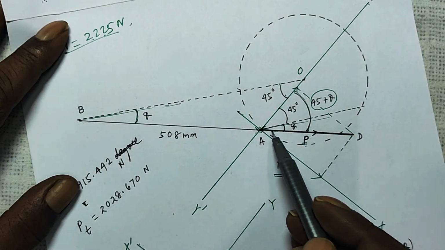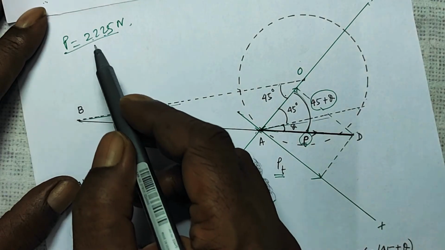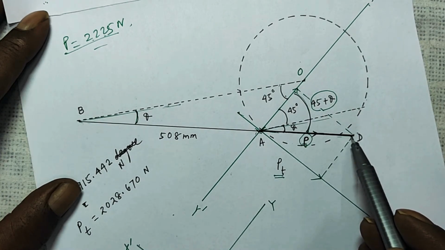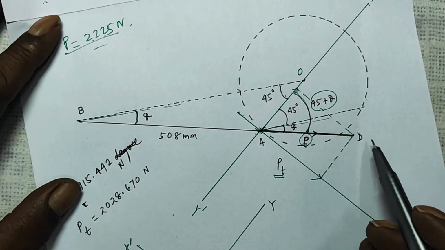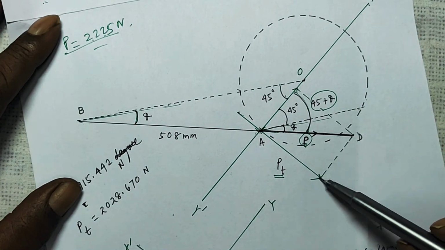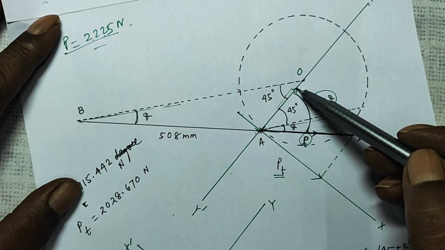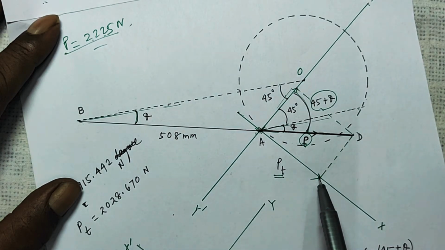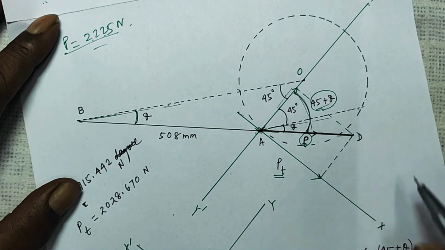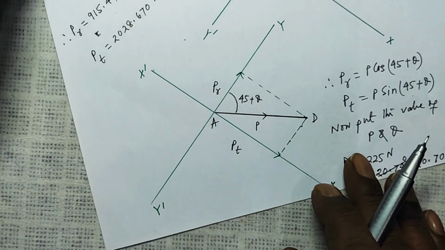Taking this force P from A to D, which represents 225 Newton, as the diagonal of a parallelogram, using the parallelogram law of vector addition, I draw a parallelogram like this. From A to this point is the radial component, from A to this point is the tangential component, and this angle is 45 plus theta. I have redrawn the diagram for you for better understanding.